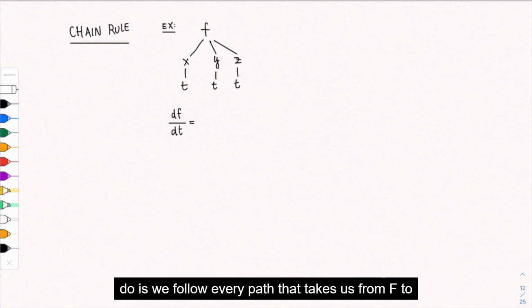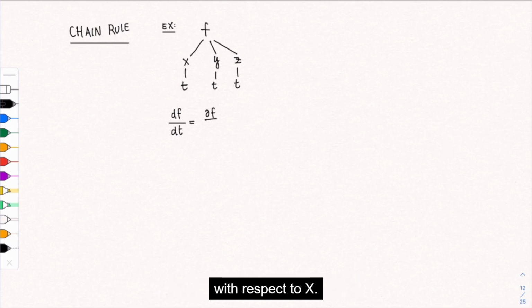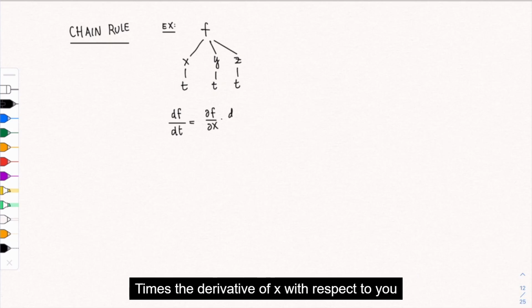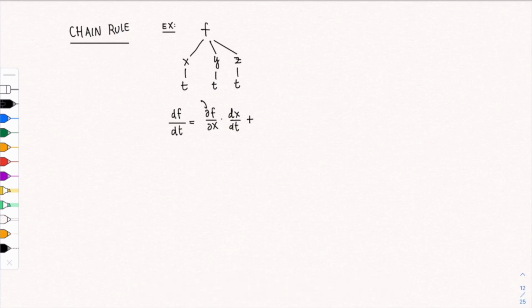So what we do is we follow every path that takes us from f to t. So this is the derivative of f with respect to x times the derivative of x with respect to t. Notice we say d when it's one variable and del when it's multiple variables.